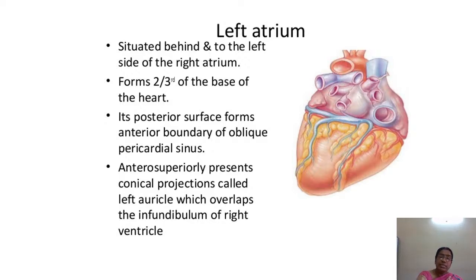Next, its posterior surface. If you remember the class on the pericardium, there we got to know two sinuses, which are spaces. One is the transverse sinus, and one more is the Caldi sinus, which is called the oblique sinus. Yes, the left atrium forms the anterior boundary for this oblique sinus.